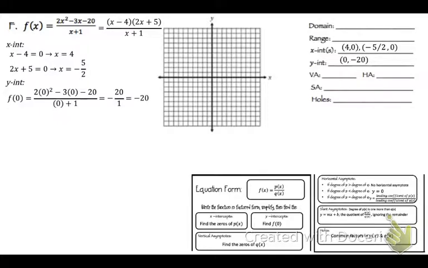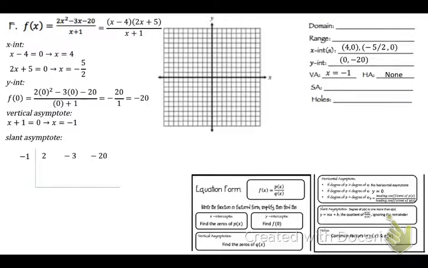Vertical asymptote, x plus 1 equals 0, so x equals negative 1. Horizontal asymptote, none, because the degree on top is greater than the degree on bottom. But we do have a slant asymptote, so we're going to divide this. And I'm going to use synthetic division because the one on the bottom has a leading coefficient of 1. So this is going to be negative 1 on the outside, and then 2, negative 3, negative 20 inside.